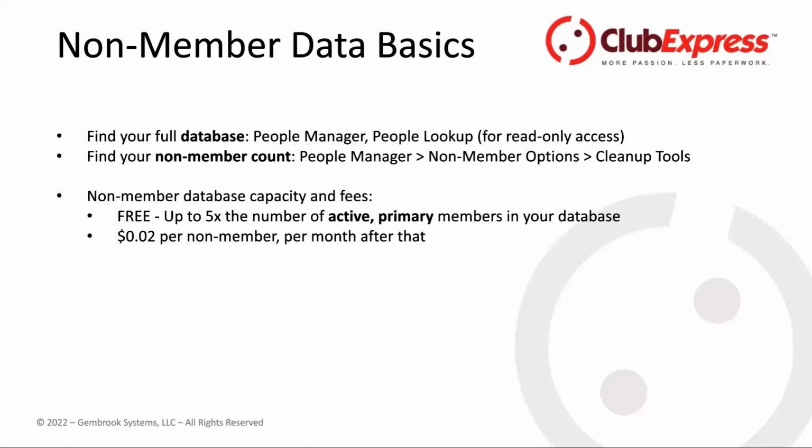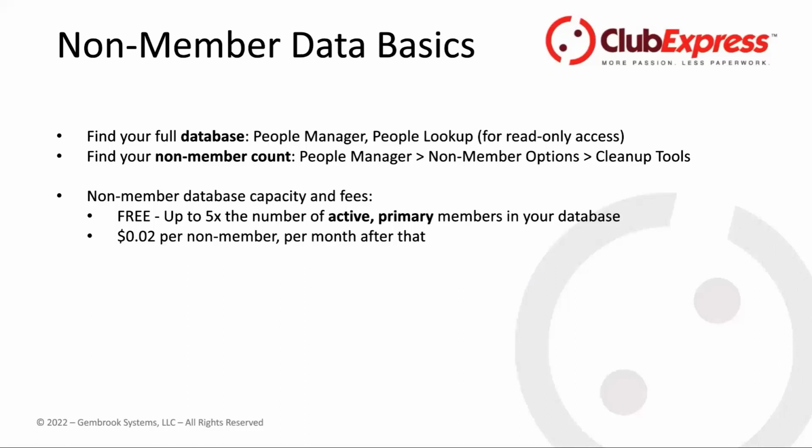So let's break that down. Non-member database capacity and fees. We do not charge for up to 5 times the number of active primary members in your database. So that means that if you have 100 active due-paying members in your member database, you can have up to 500 non-member contacts listed in your database for free.